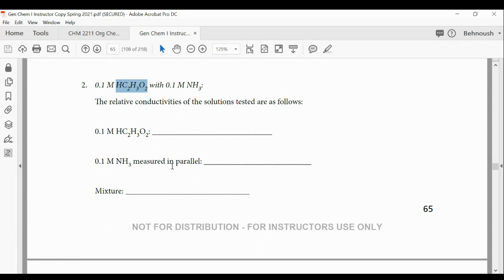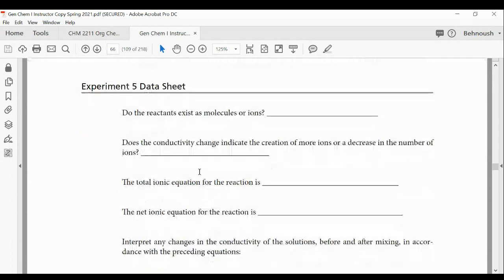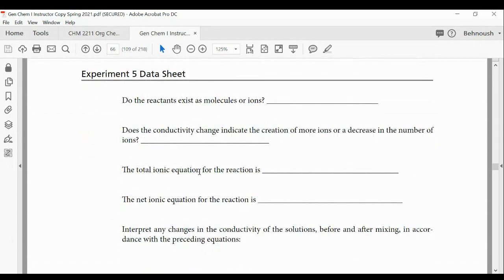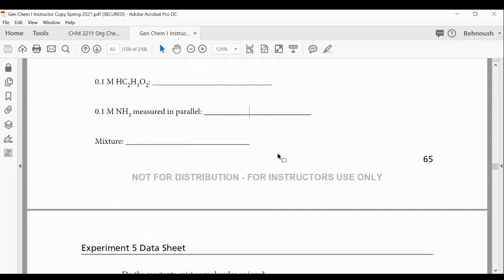I will explain it while I'm performing the experiment: starting with two weak electrolytes, the light is going to be dim, but the product is going to be a strong electrolyte. If you have any questions, you may ask at this point.